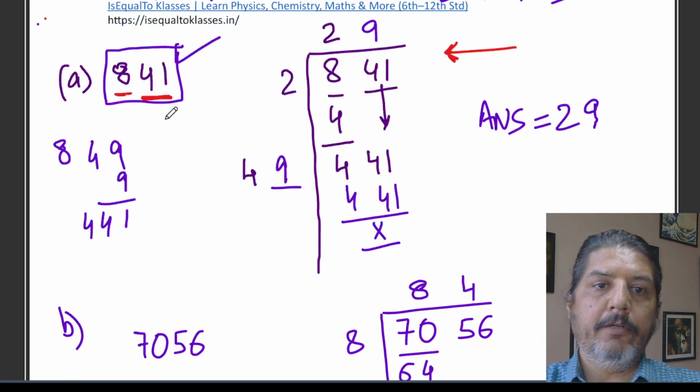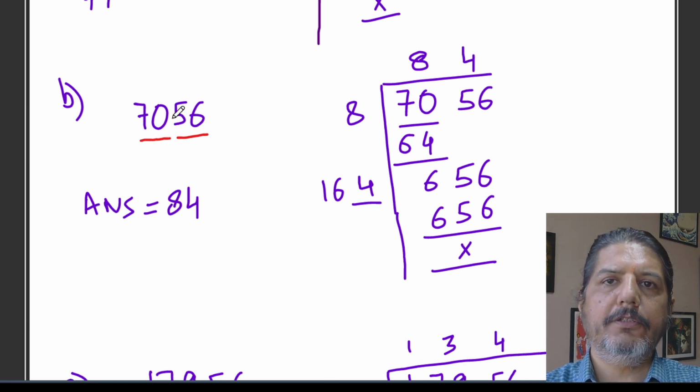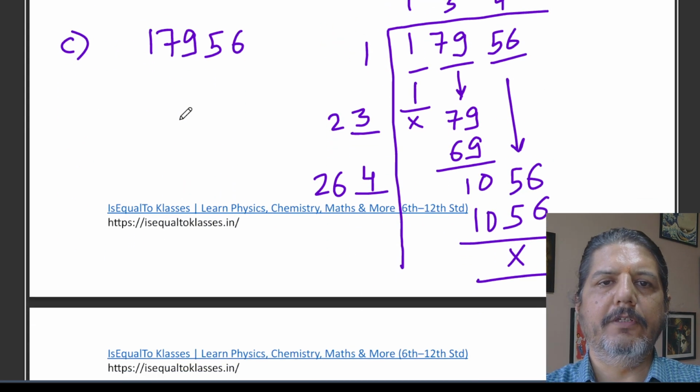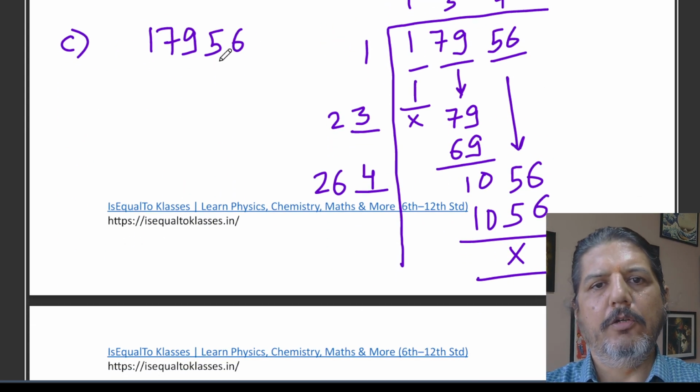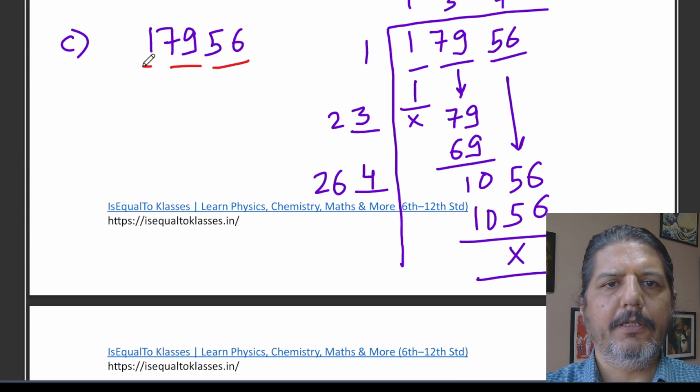Compare it with something like 7056: this is the first pair, this is the second pair. So I have to make pairs starting from the right. For example, if the number is 17956, the rule is that we start from the right. So 56 would be one pair, 79 would be another pair, and 1 would be alone.